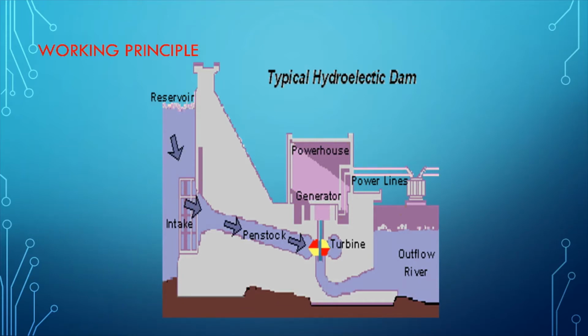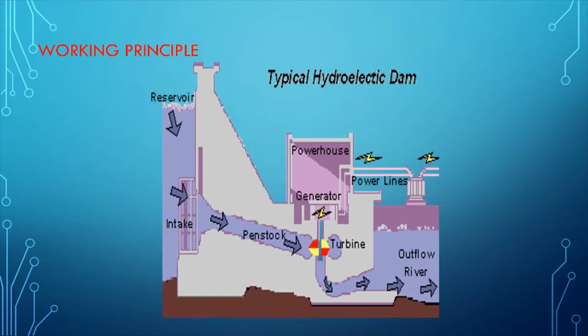Since the penstock makes water flow from high altitude to low altitude, the kinetic energy of the water is again raised. In the turbine house, the pressure of the water is controlled by control valves as per the requirements. The controlled pressurized water is fed to the turbine.